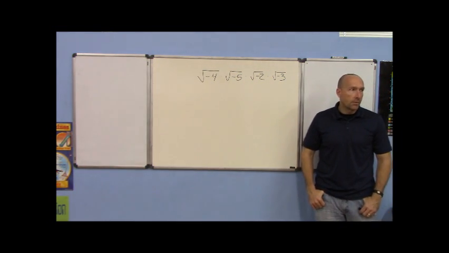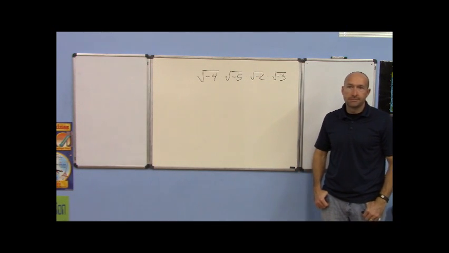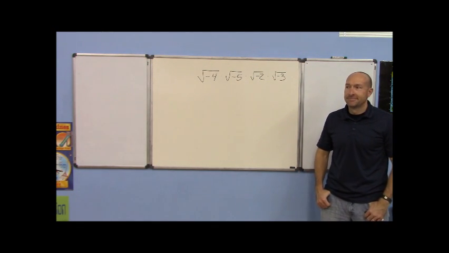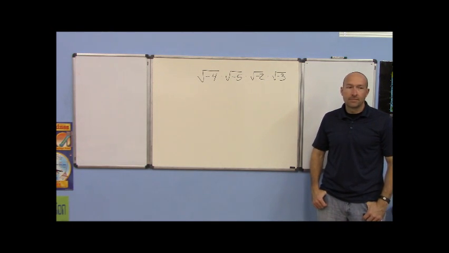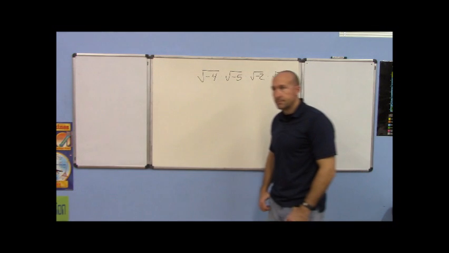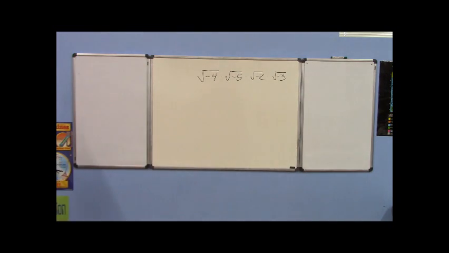If you came up with square root of 84, you're wrong, by the way. Give you just a couple more minutes to see what you'll come up with.